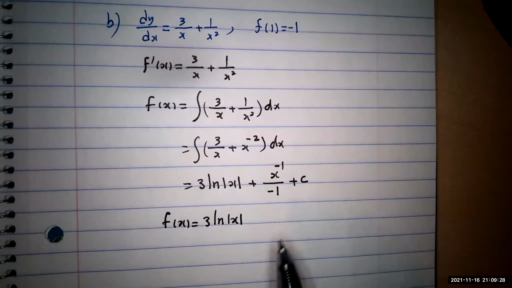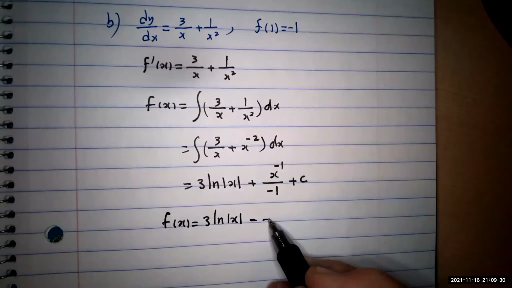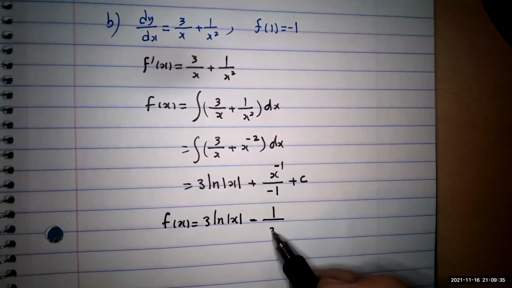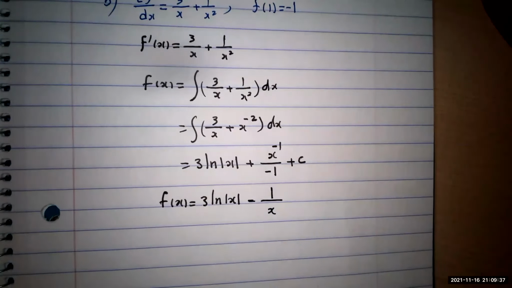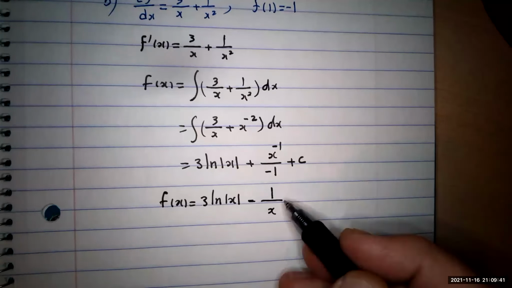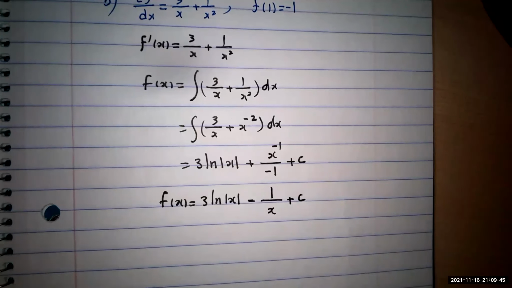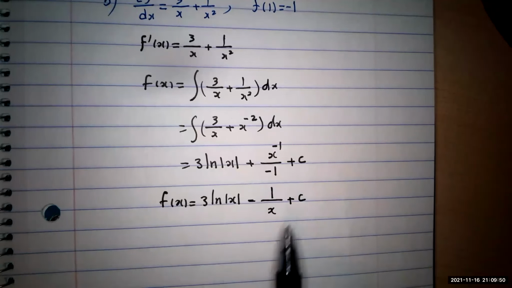This negative is a sign of the fraction, so it's going to be minus. On the top, we get 1. Down the bottom, we get x to the negative 1. You bring it down. That gives you 1 over x plus the constant c. Okay, any question?